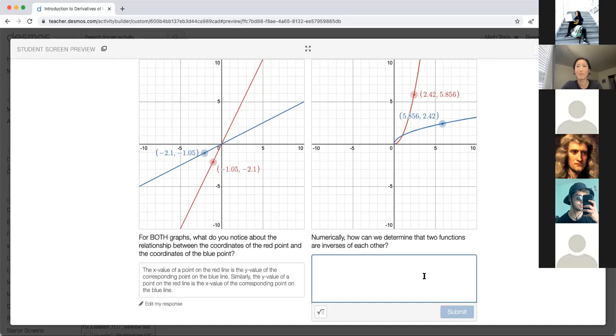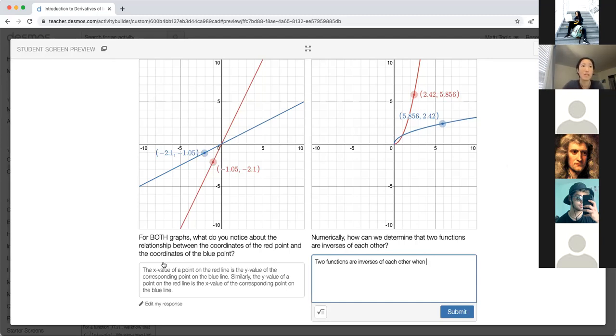This might be something that you remember from once upon a time in your mathematical journey, that two functions are inverses of each other when the pattern that we noticed is true.